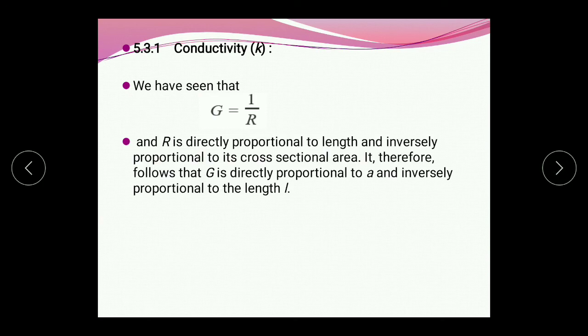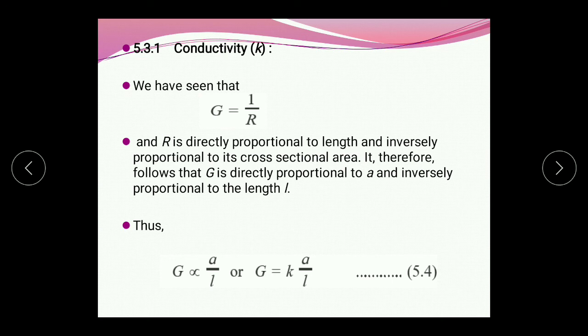That means G equals 1 upon R. According to our law, the resistance of a conductor is proportional to L and inversely proportional to A. So the law will be reversed: as R is directly proportional to L and inversely proportional to cross-sectional area, G is directly proportional to A and inversely proportional to L, opposite to R.